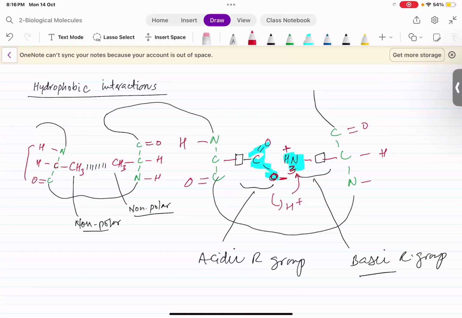Okay, so there is a positive charge on this amino group, and there is a negative charge on this carboxylic acid group. So bonding formed in between these two is known as ionic bonding. Okay, so this is an ionic bonding. This is an ionic bonding.